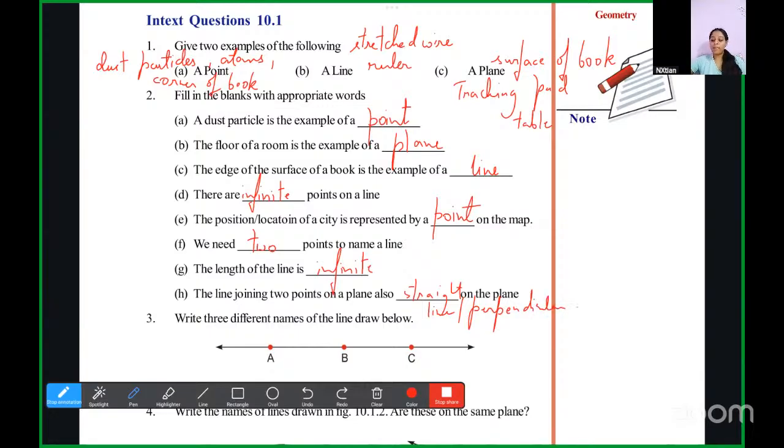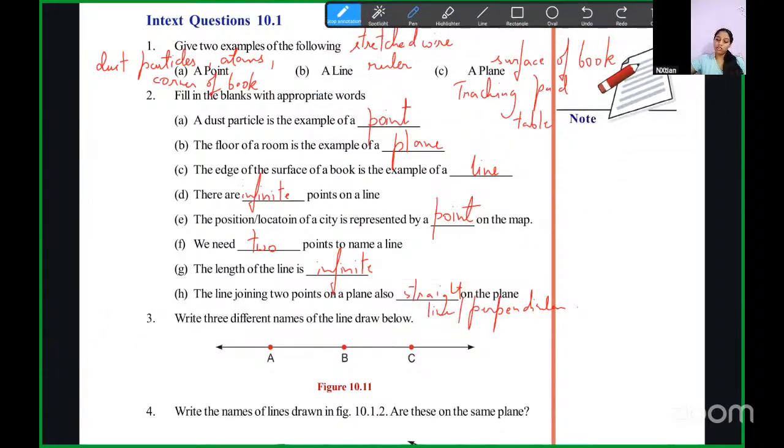All right. 3 names of the line drawn below this line. Can you give me 3 names? Ma'am, this is easy. You have line AB, line BC, line AC.